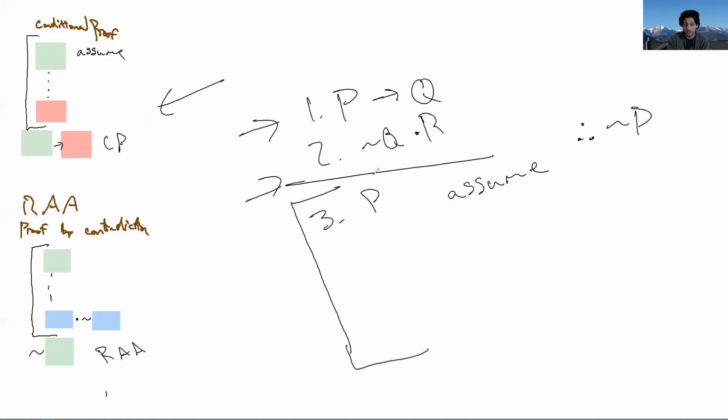In this case, we're going to assume that it's true, and at the end of the day, we're going to get not P. So now we have a perfect match right there. And now we just want to get something of the form blue and not blue. I'm going to use letters. Okay, so we just need something of this form.